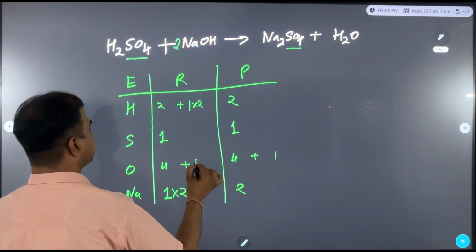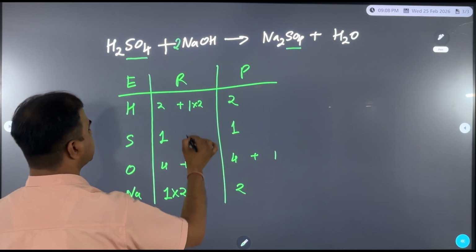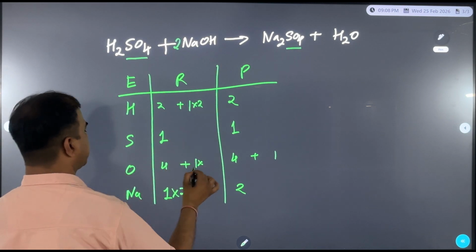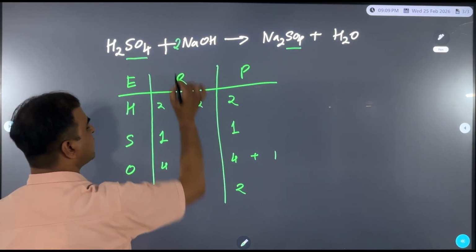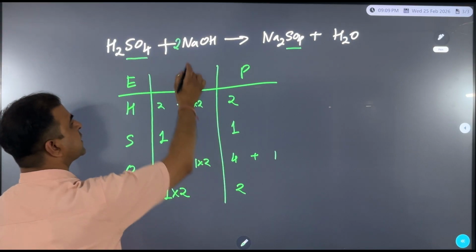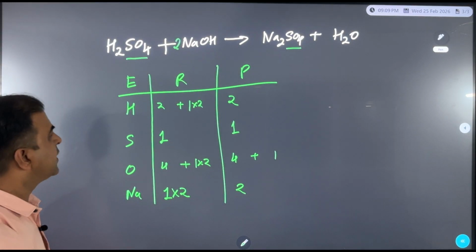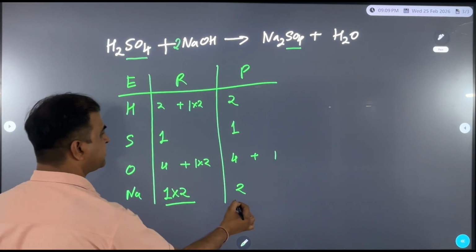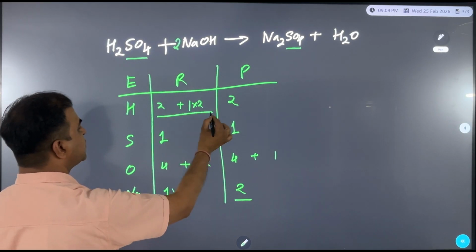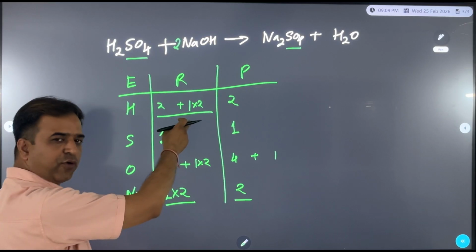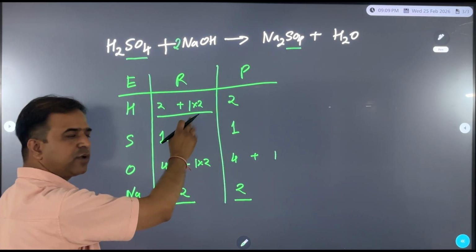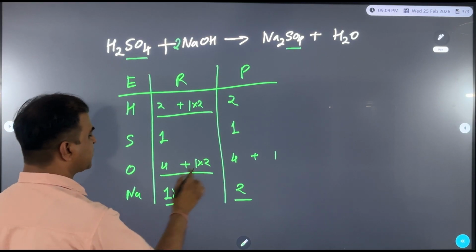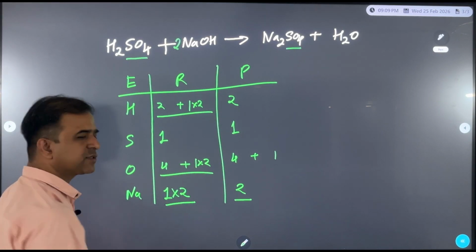This 2 is going with 1 of this hydrogen. You can see this hydrogen is 1 in number, so 2 will go there also. Now we balanced this sodium, but hydrogen has become 4, 2 plus 2, 4. And oxygen has become 4 plus 2, 6.